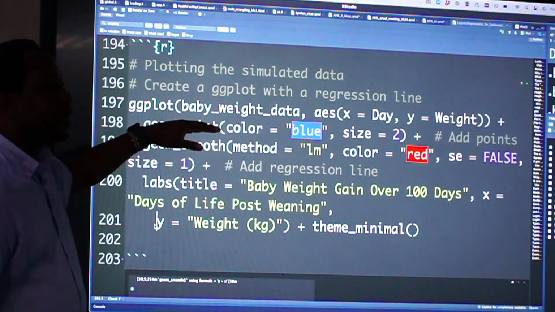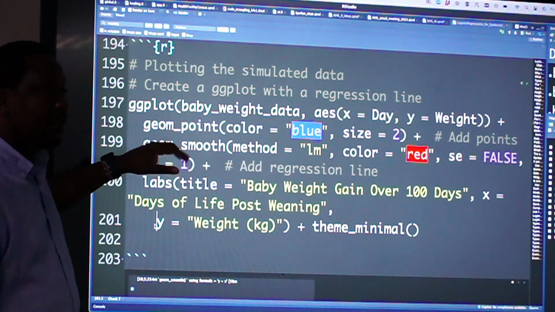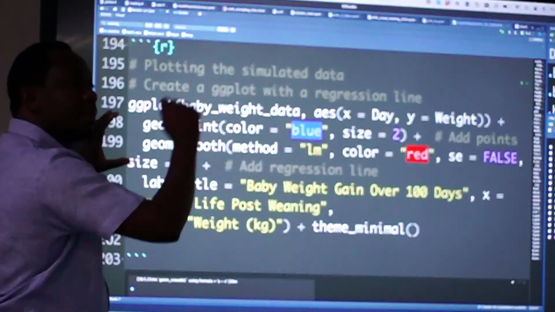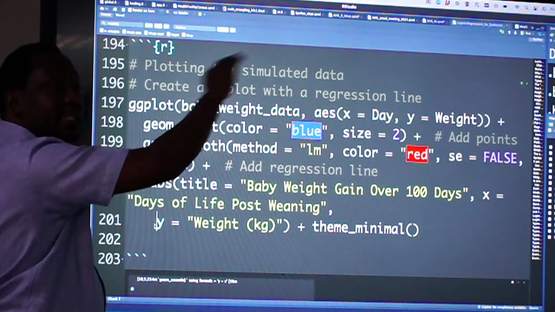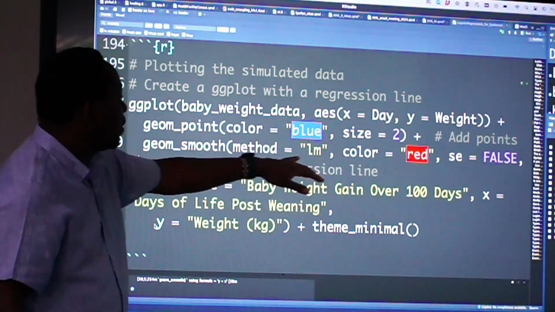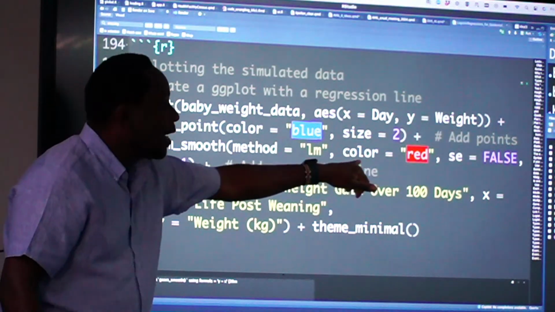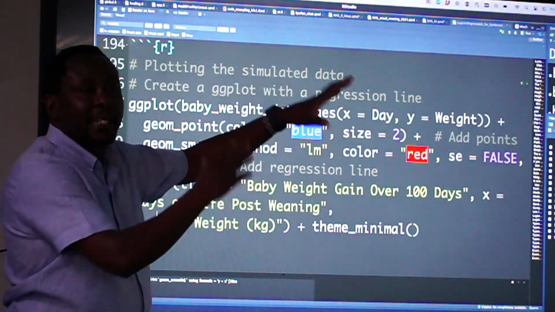And then comes your regression, the topic of the day. I want you to look at all those different method of linear regression and color that line red, and don't give me the standard errors around it.